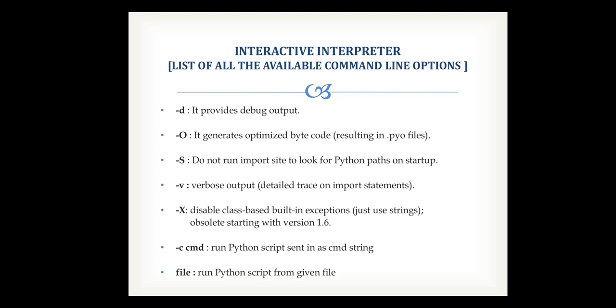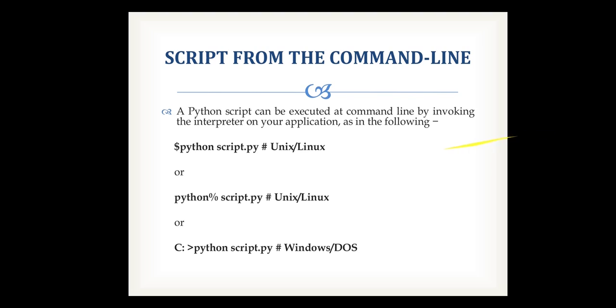Then -X disables the class based built-in exceptions, just use strings, obsolete since version 1.6. -c cmd runs the Python script sent in as a cmd string, and file runs the Python script from a given file. So these are the available command line options.